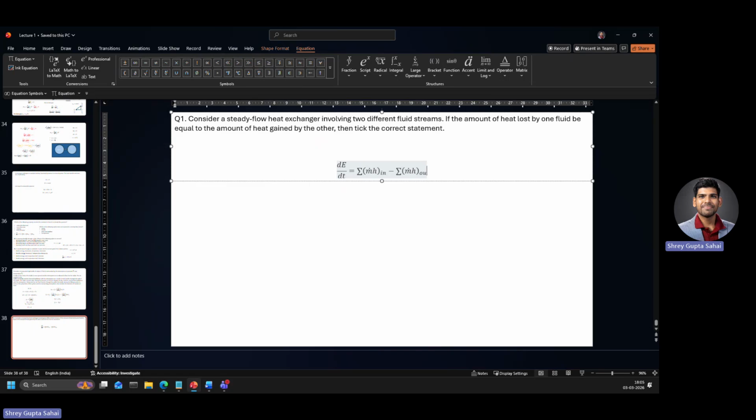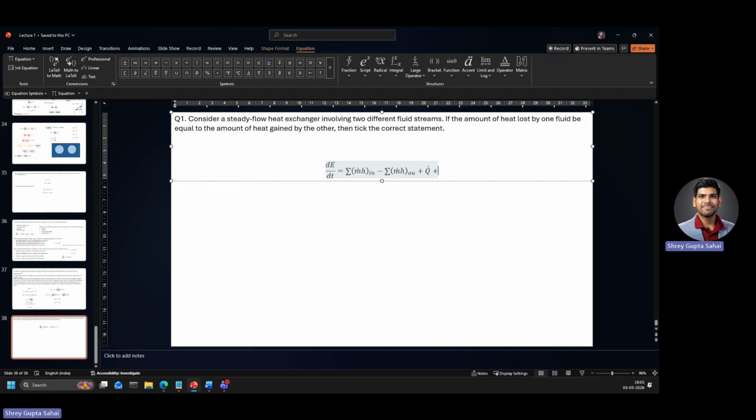And note that because we are interested in the rate of change of total energy, we will consider flow rates rather than total mass entered into the system. And then the other components are the heat transfer rate, which is Q dot.